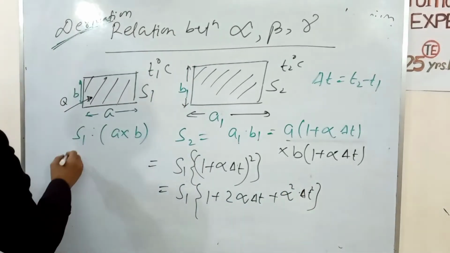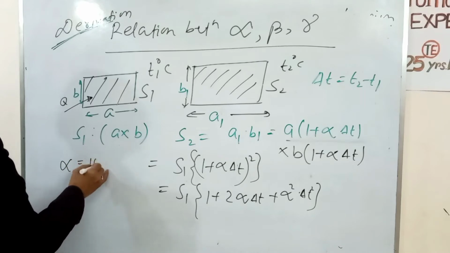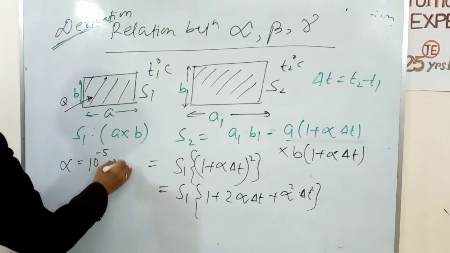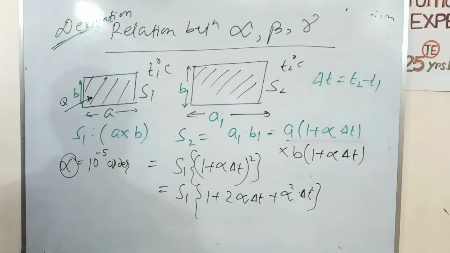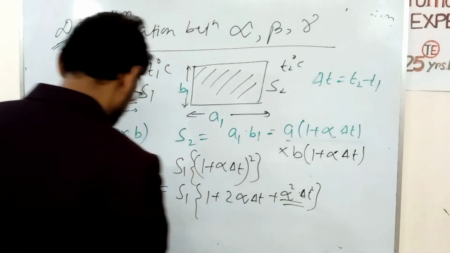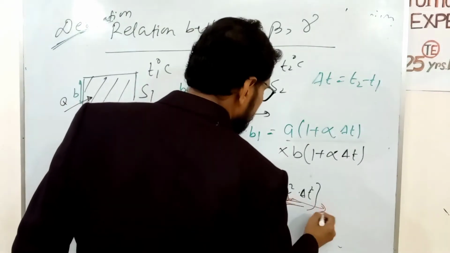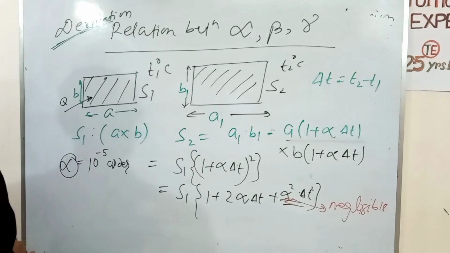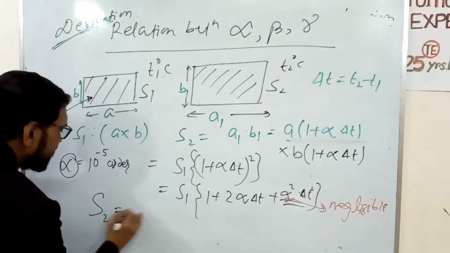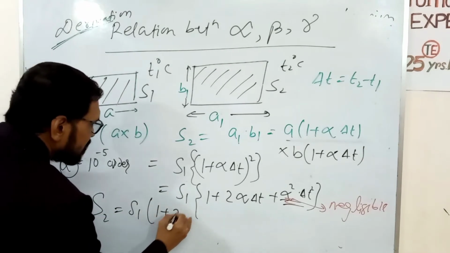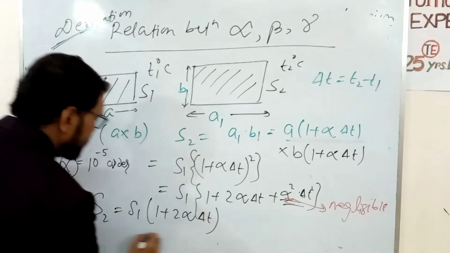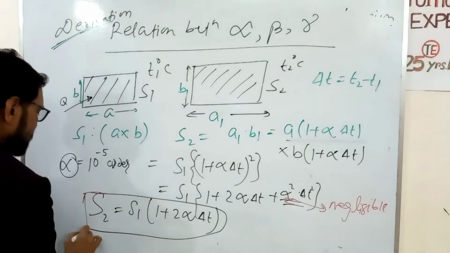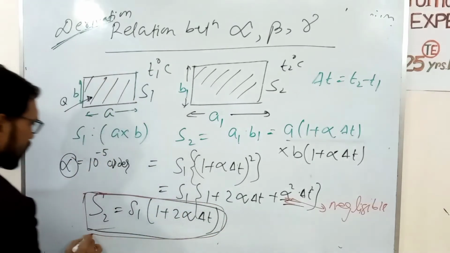As we know, the value of alpha is always of the order of 10 to the power minus 5 or minus 6. So the value of alpha is very small, so its square term is negligible. So S2 equal to S1 into 1 plus 2 alpha del T. This is one relation.